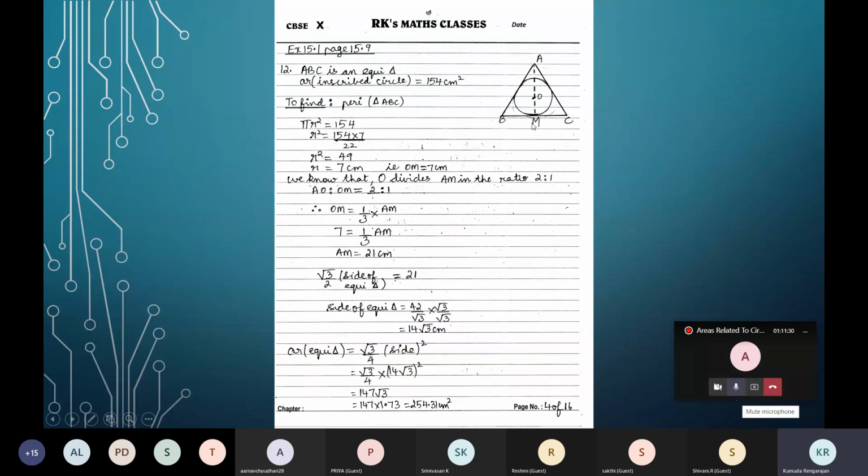So this line segment AM will also be the median, meaning M will be the midpoint of BC. When it's altitude, it makes 90 degrees with BC. When it's median, M is the midpoint of BC. In an equilateral triangle, this line segment AM will be both the altitude from A and the median from A.